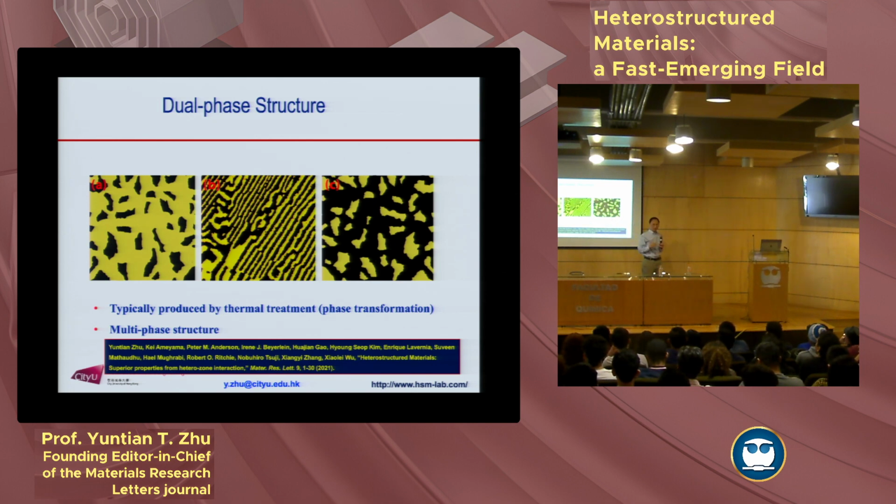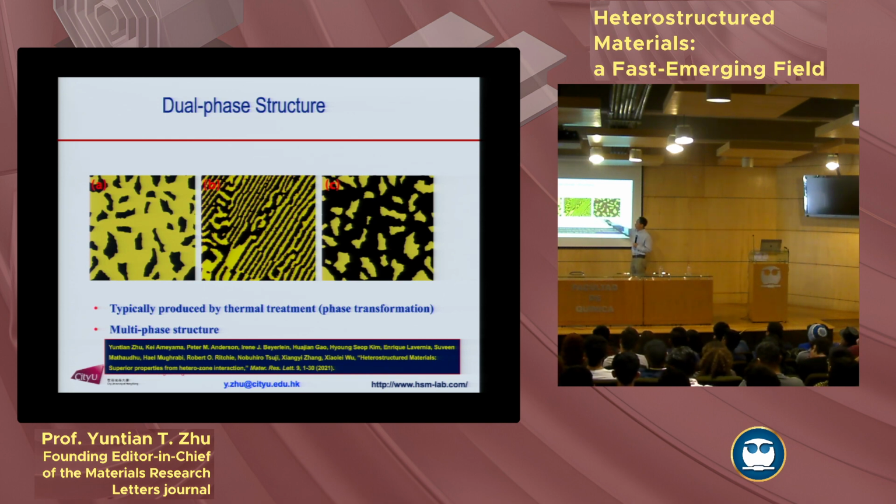We often say, this steel, this metal is not strong enough. We want to make it stronger. What do we do? We add reinforcement, the second phase, the hard particle to it. Like silicon carbide reinforced aluminum matrix composites. That's this concept. I will show you later that this is not the best way to go forward.